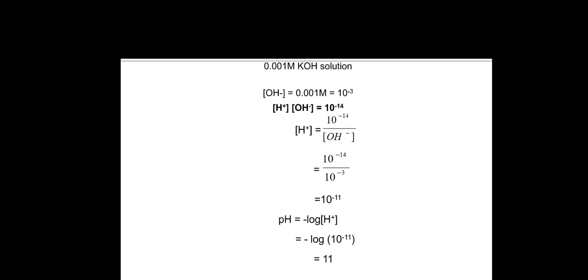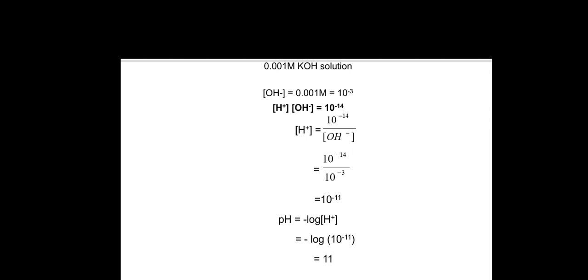A 0.001 molar KOH solution means it will give the same molar of OH minus in the solution. That is what we have discussed in the first problem. In the same way, because 1 mole of KOH will give 1 mole of OH minus, 0.001 molar will give 0.001 molar of hydroxyl ion concentration, which is equal to 10 to the power minus 3.